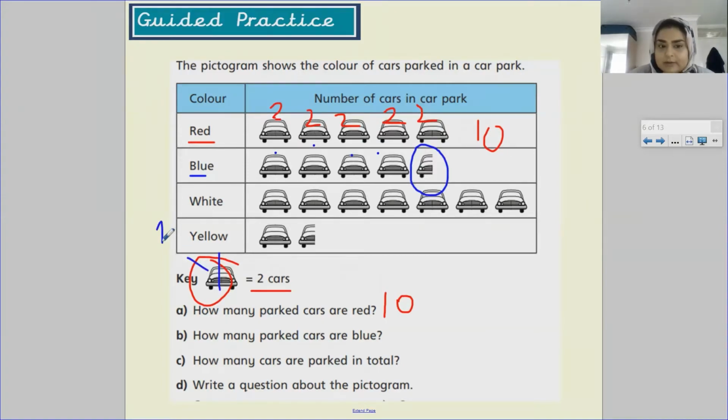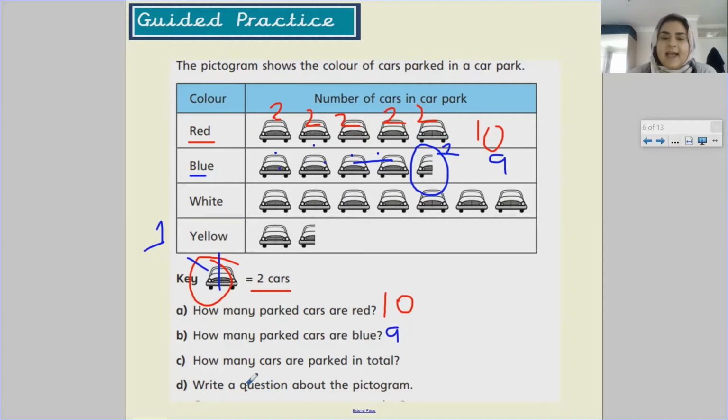Fantastic, 1. So I know that is 1, and I'm going to add that on to my 2s. So now let's count my full cars. 2, 4, 6, 8. Okay, so that's 8 cars plus the 1, which is 9. So I have 9 blue cars.